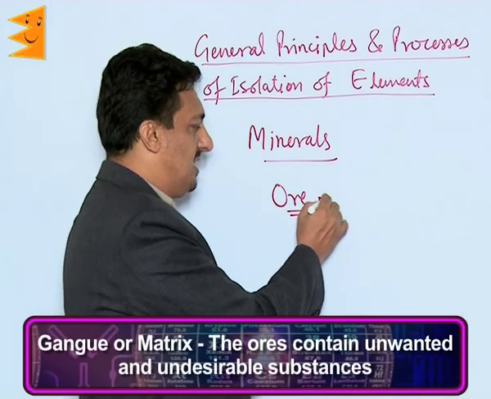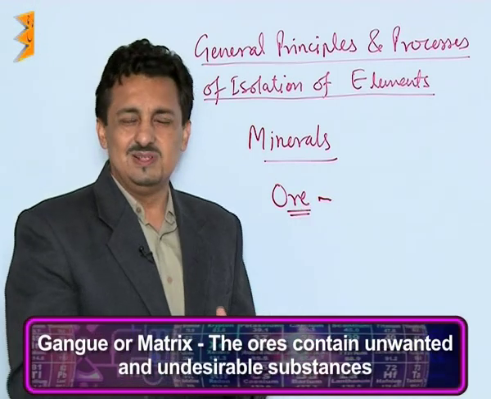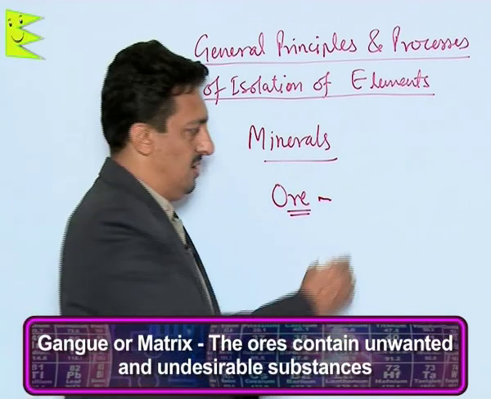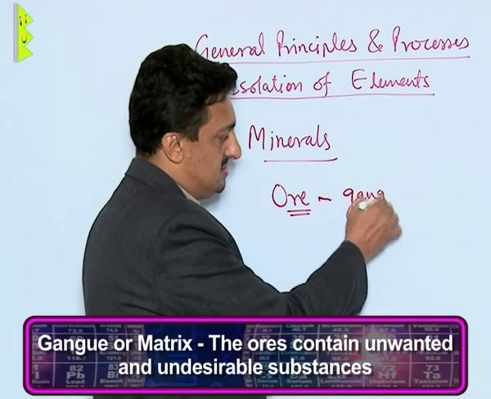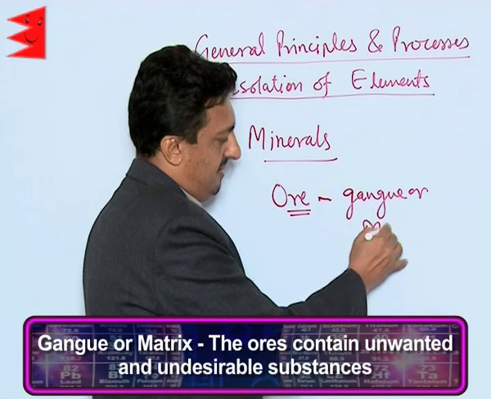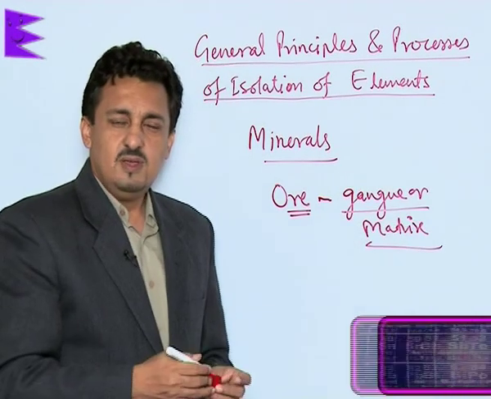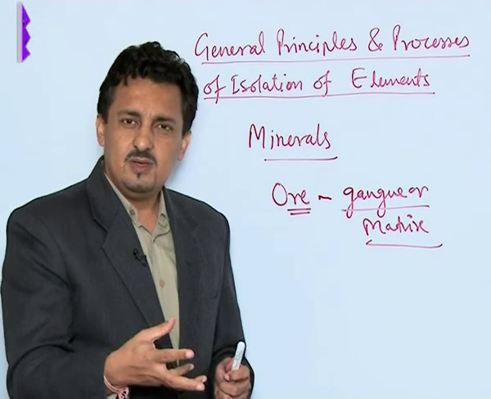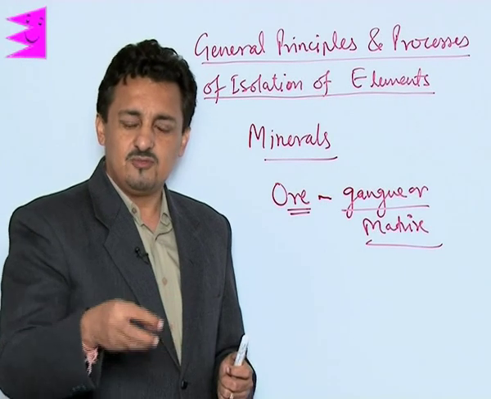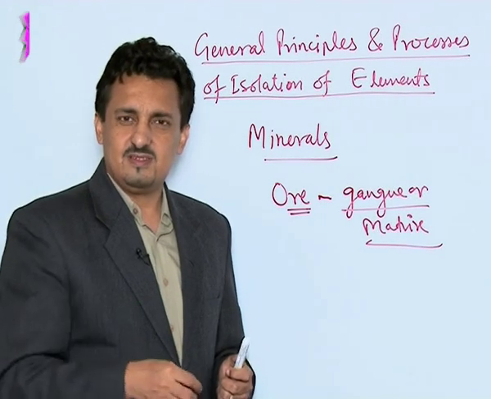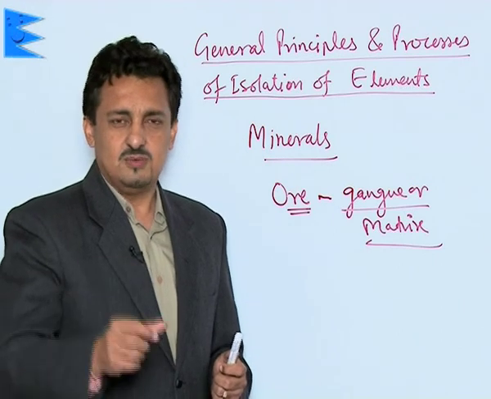These ores usually contain unwanted, undesirable substances which are called gangue particles or matrix. They are to be removed before reducing the ore to its native state.